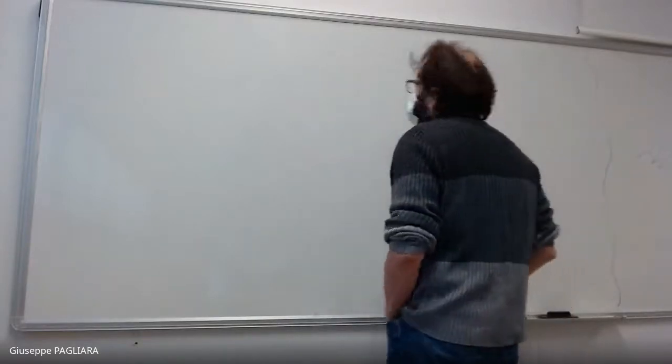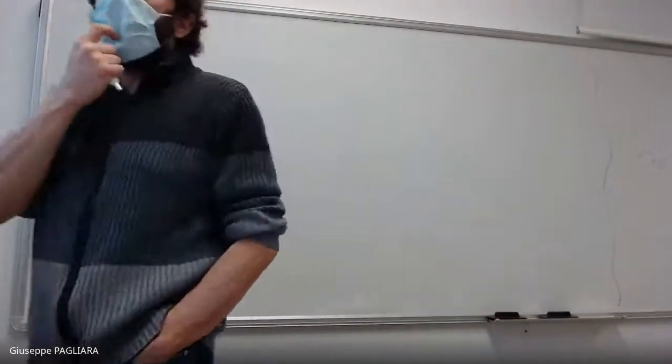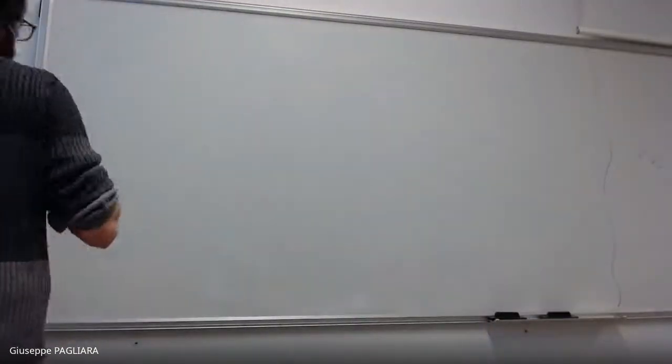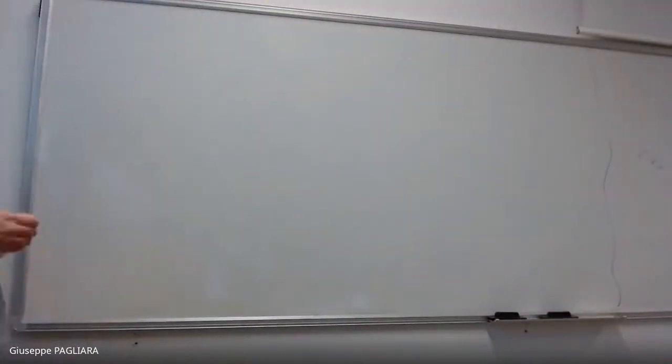Let me do a small exercise to justify the Clausius theorem by using the Carnot cycle. Okay, it's something that you have probably done already, so I will actually go very fast.